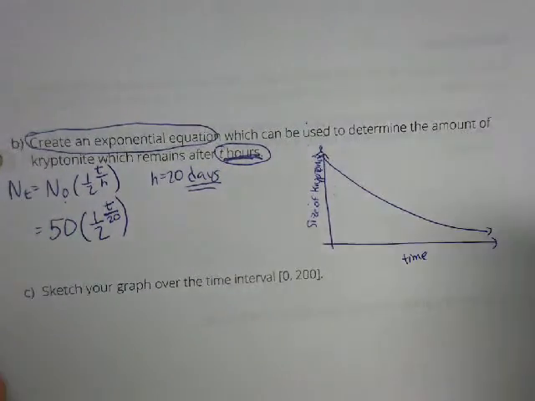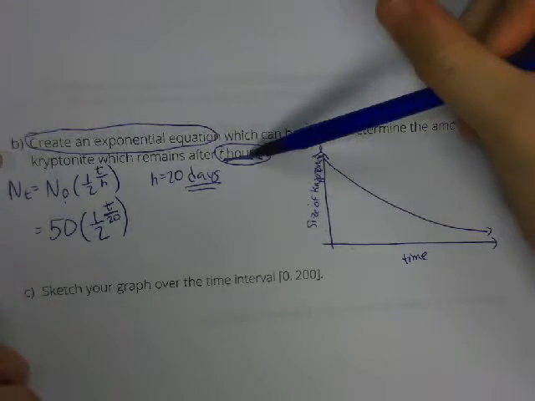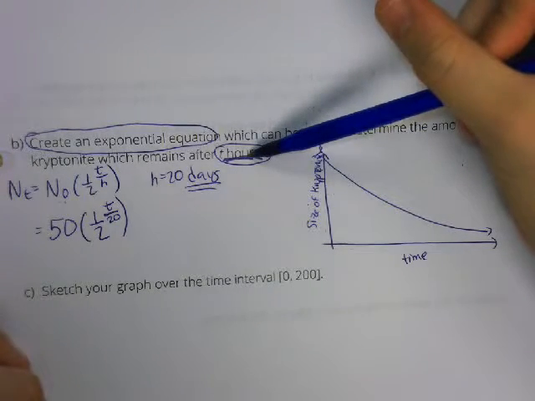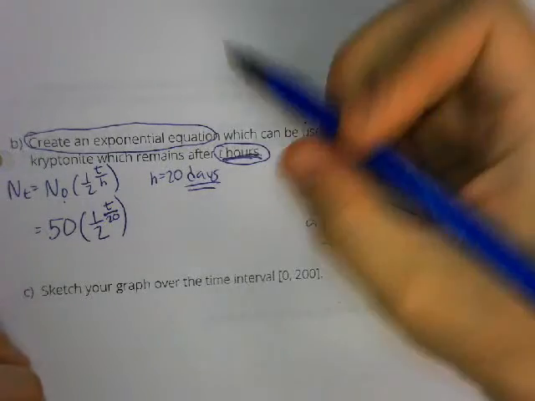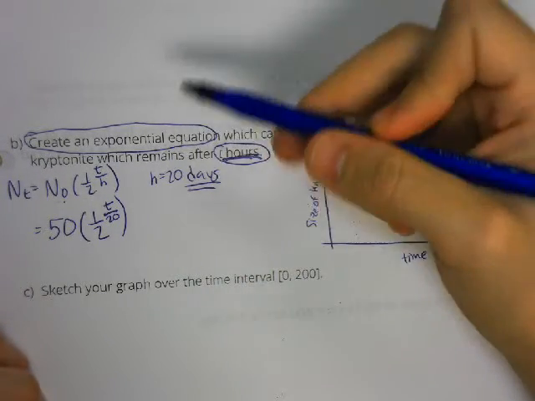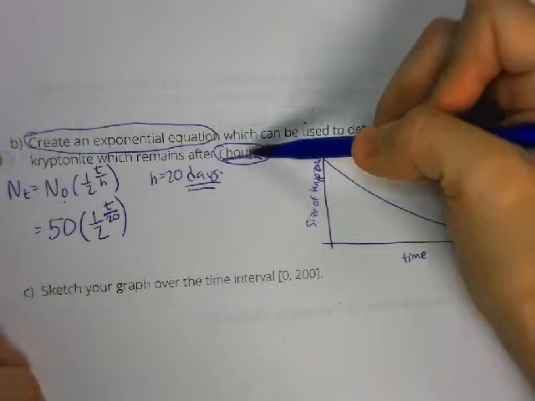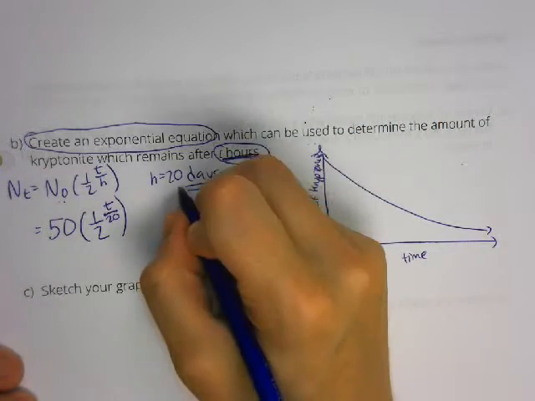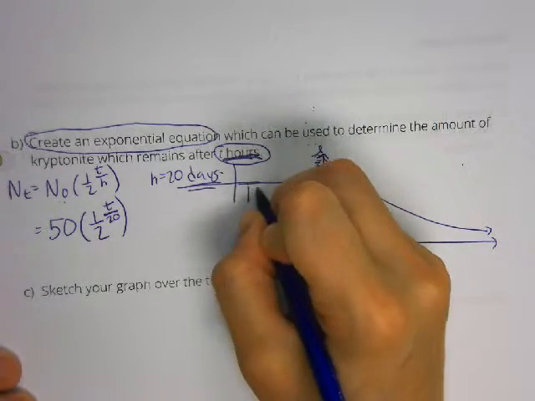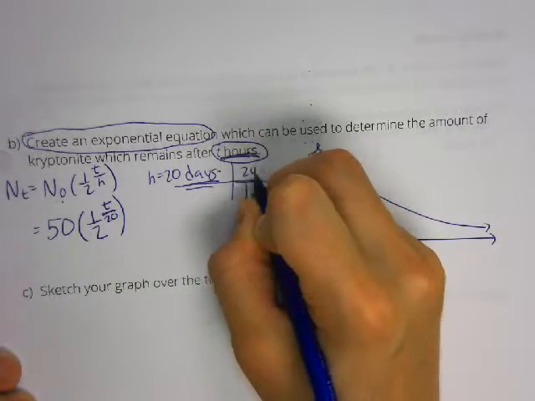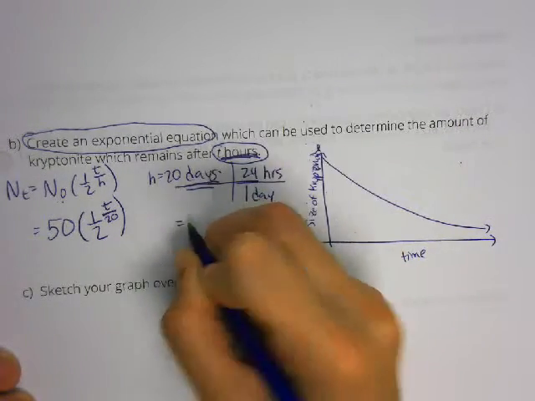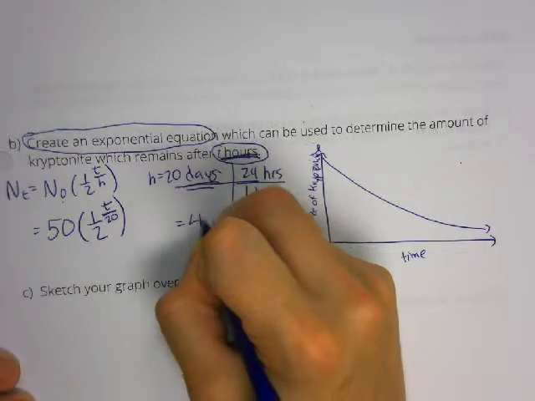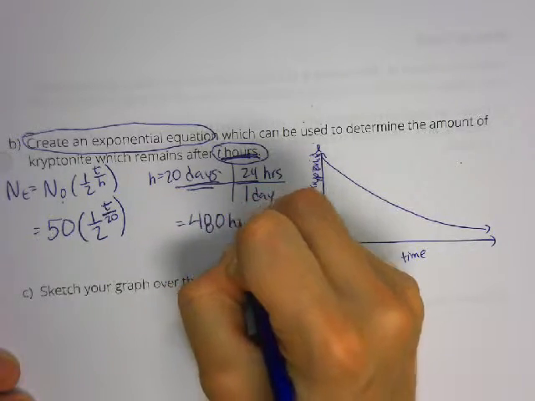So let's look at the problem. We want time to be in hours. My half-life is in days, and we want it to be in hours, so I have to do one more step. 1 day is equal to 24 hours, so 20 times 24 gives me 480 hours.